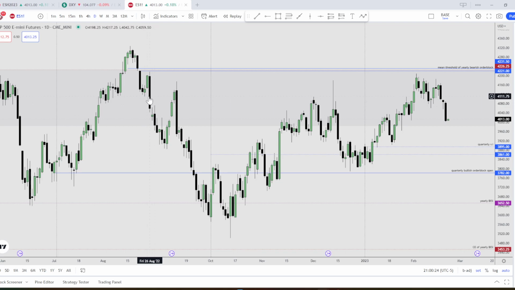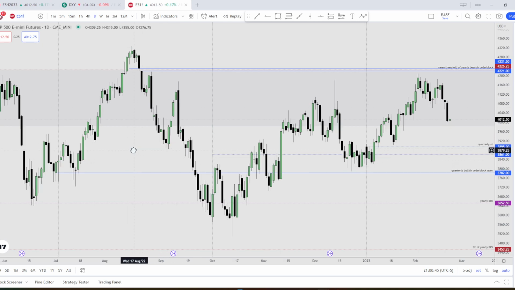I'm looking for this, and maybe we get some retracements back into this area, I think next month, and from there we decline even more. Right, similar structure right here. I'm thinking it's gonna play out like that, right?